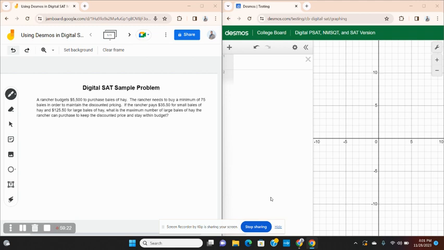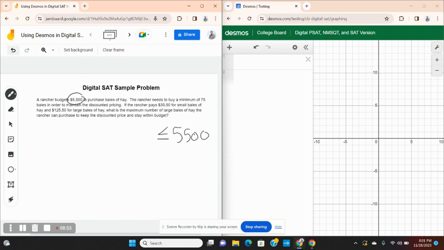This problem says a rancher budgets $5,500 to purchase bales of hay. When we read that first sentence, we should automatically think, okay, that's our budget. We're trying to stay within 5,500. So I'm thinking an inequality, something where my budget has to be less than or equal to 5,500.